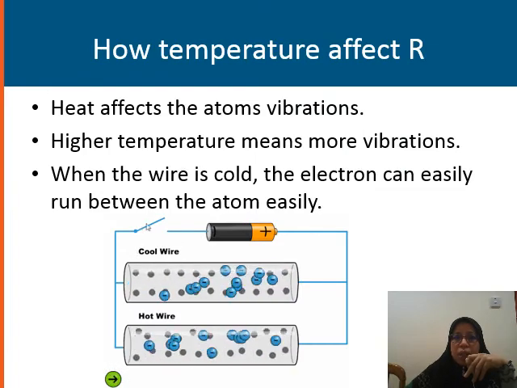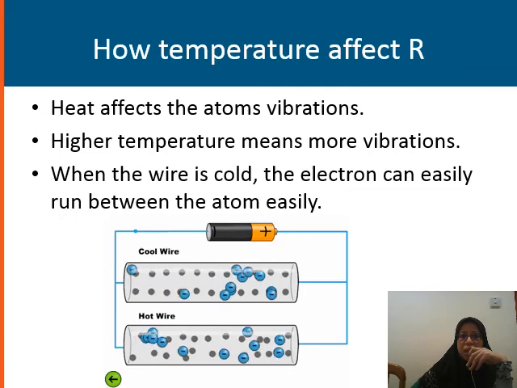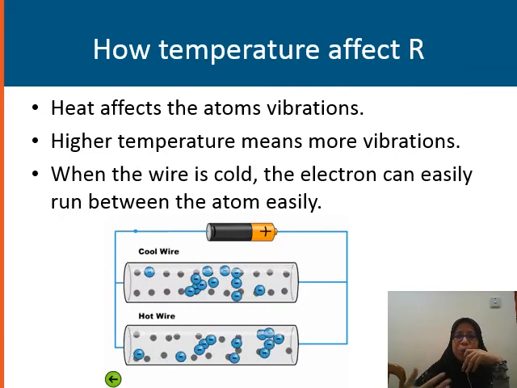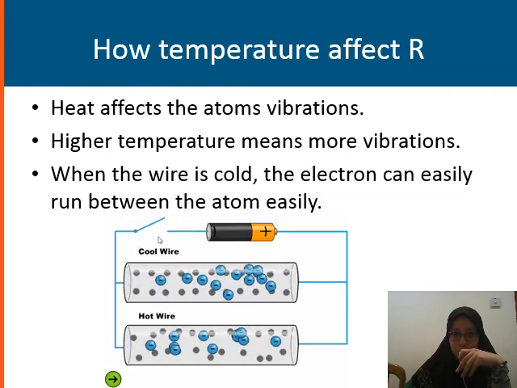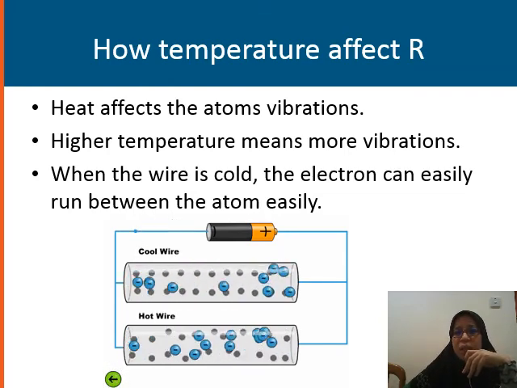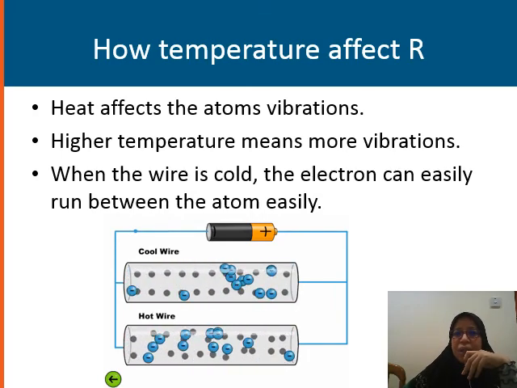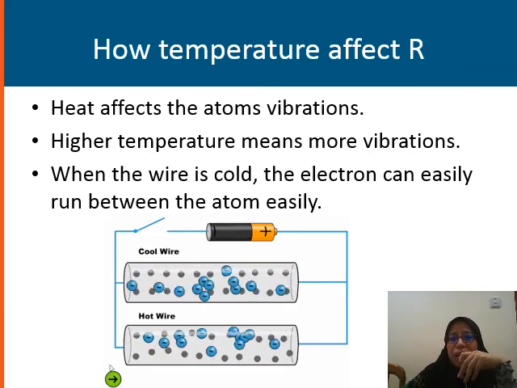Okay, so let's look at how exactly temperature affects R. As we are aware, if we are hot, then we will not be sitting still. It means that we are vibrating much more. It goes the same with the atoms. They vibrate more. They cannot sit still. So the electron needs to pass through in between the atoms.